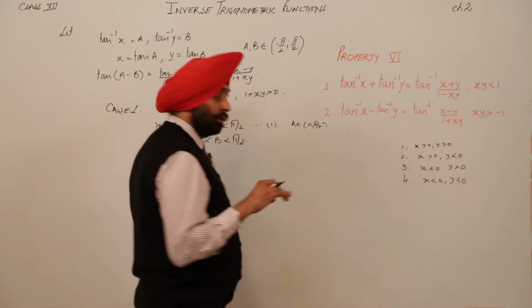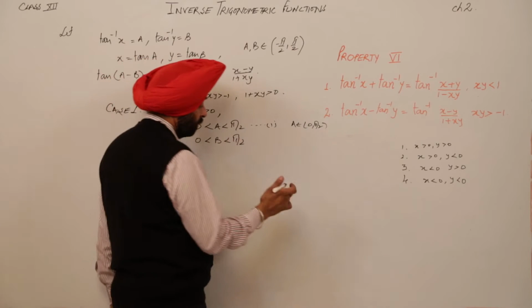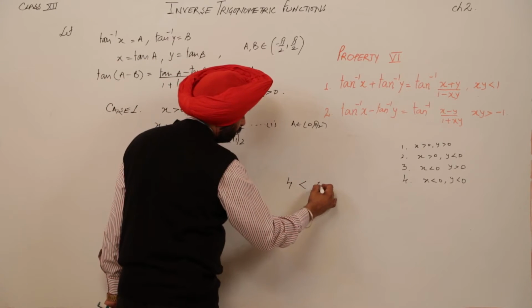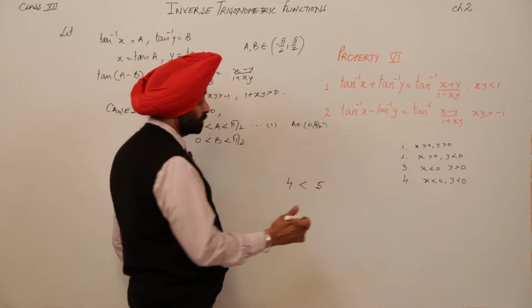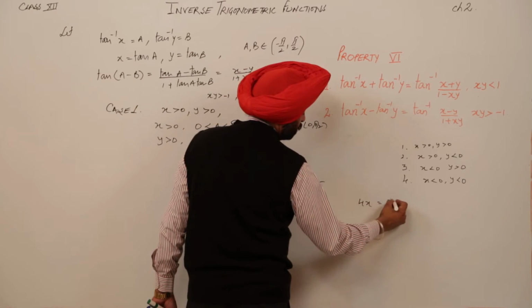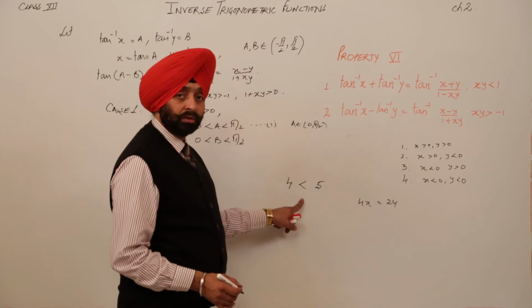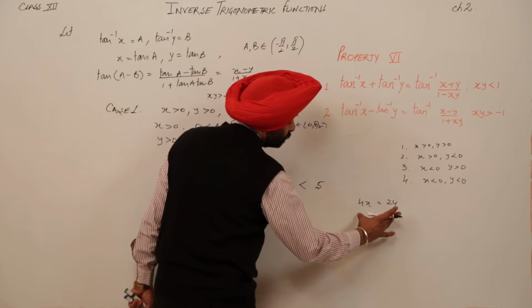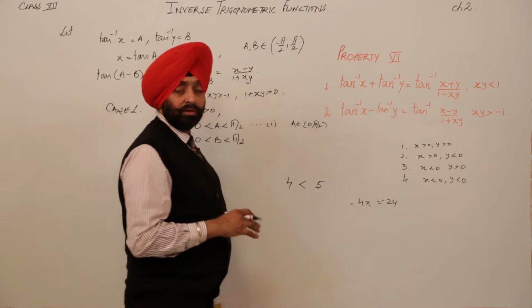So now let's do a little bit of an inequality problem. We have 4 is less than 5. Suppose we have 4x is equal to 24; here it is equal, so whatever change we make on both sides doesn't matter.